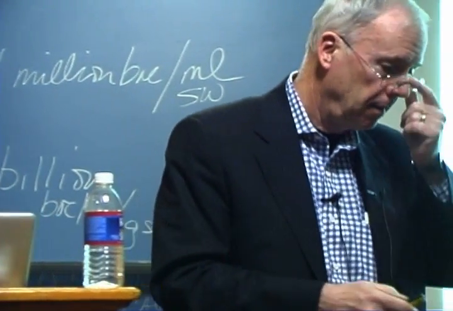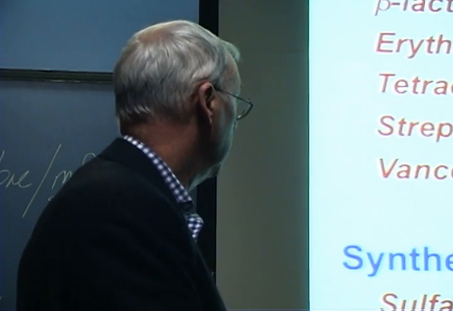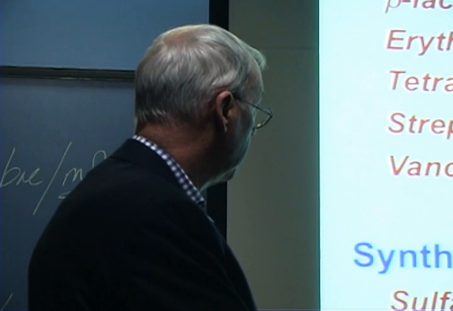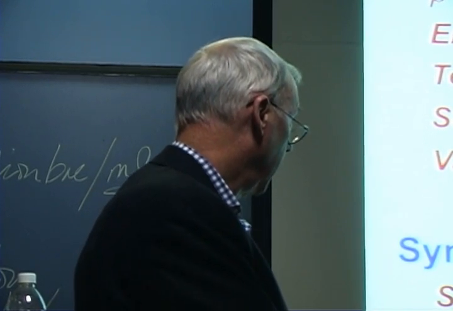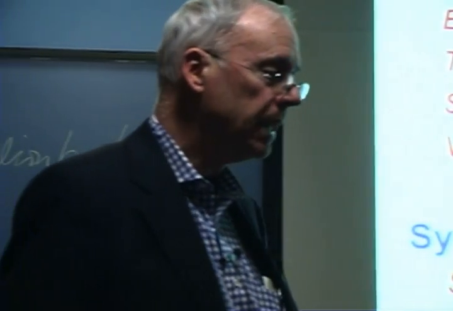And in the natural product category are perhaps the ones you may have heard of, the beta-lactams, the penicillins and cephalosporins, erythromycins, tetracyclines, streptomycins, and vancomycin, an agent used in the treatment of last resort for life-threatening gram-positive bacterial infections. On the other hand, sulfa drugs have been in use since the 1930s, and were really the first class of antibiotics to make a difference.